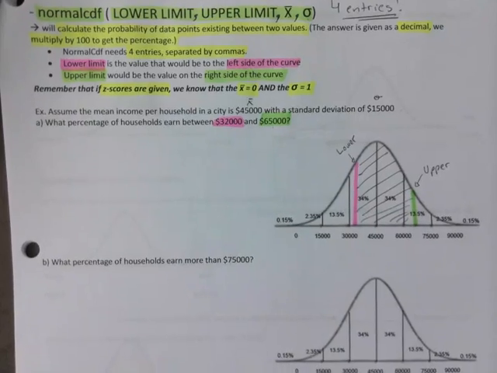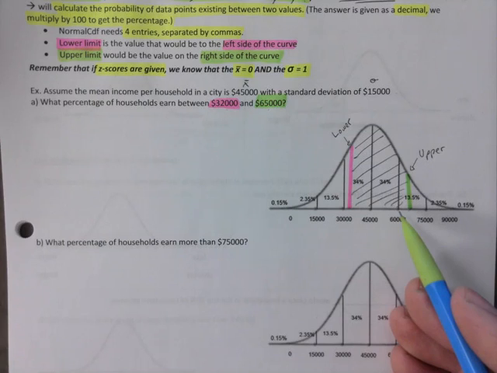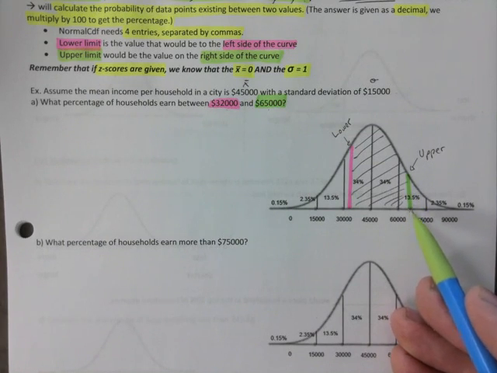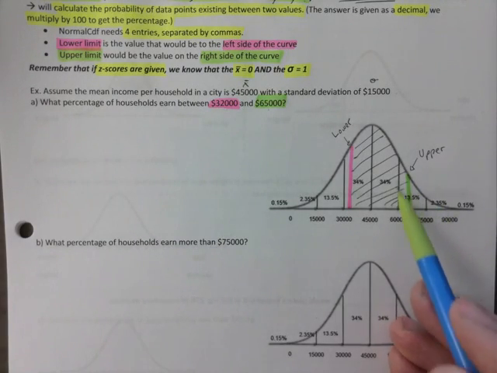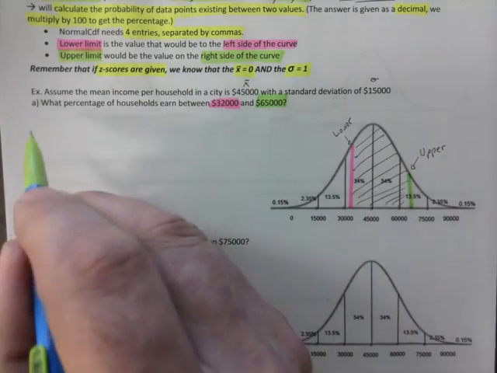Some of you might say, 65,000 is somewhere between 60 and 75, so I'll just split the percentage in half. You cannot do that, because this thing is not a rectangle. You have to use normal CDF.